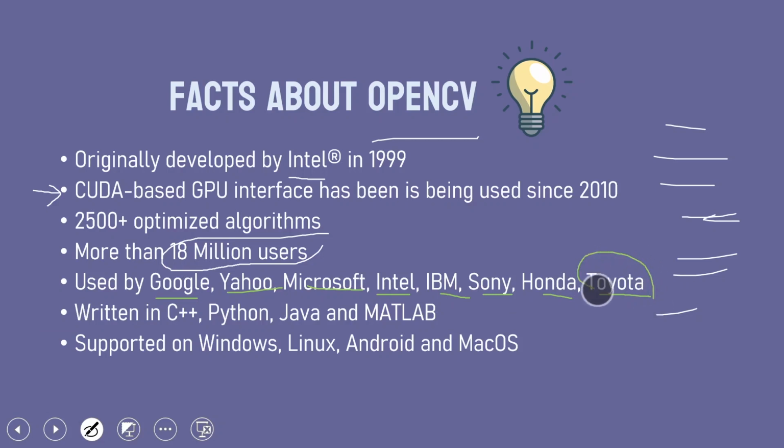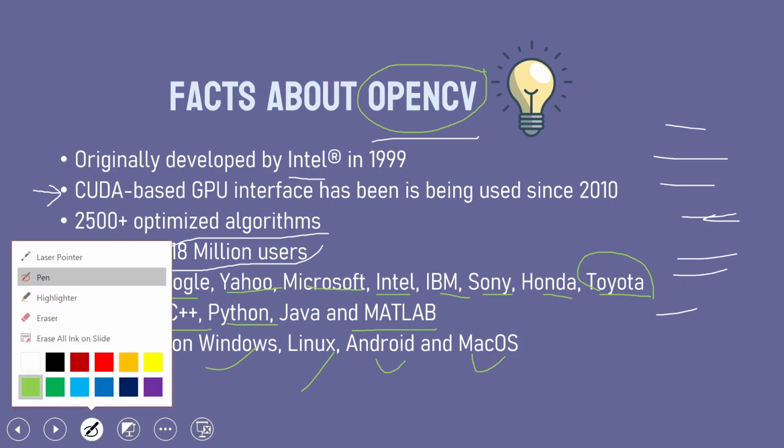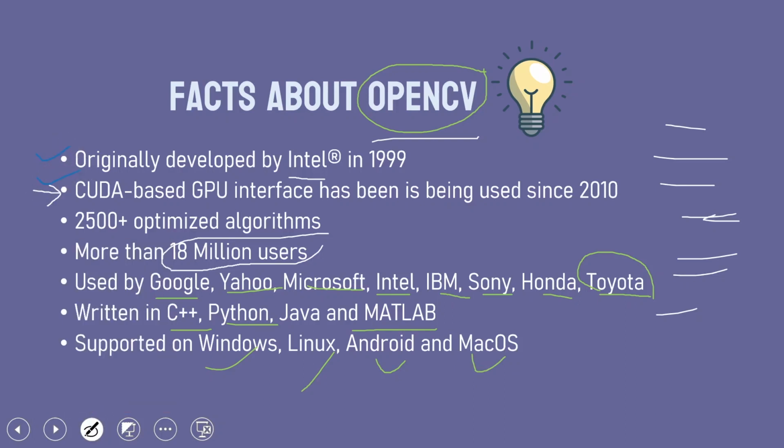That's why they are using OpenCV. OpenCV is a very great thing. It has been written in C++, Python, Java, and MATLAB, and it is supported on all types of operating systems like Windows, Linux, Android, Mac OS. So all these were just some quick facts about OpenCV.